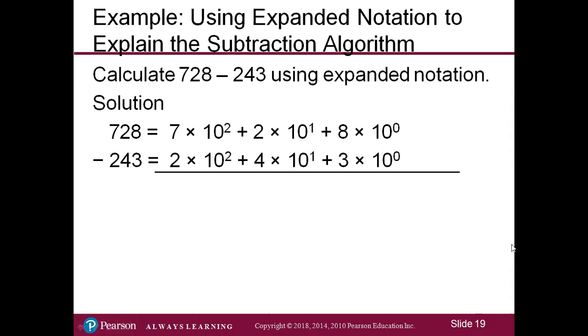So we'll start by taking 3 groups of units away from the 8 groups of units. But then once we try to take 4 groups of 10s from 2 groups of 10, we can't. So we're going to need to borrow from the 7, right?